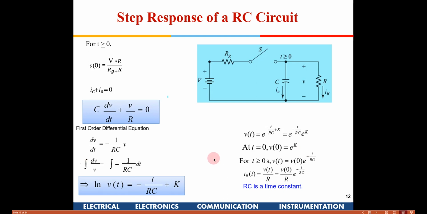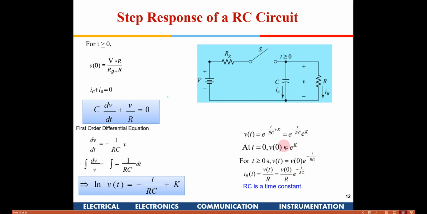So the stepwise procedure is: first we need to find out the initial voltage across the capacitor. Then, once the problem statement is given, once you open or close the switch, accordingly you need to write the loop equation, either using KVL or KCL as the case may be.